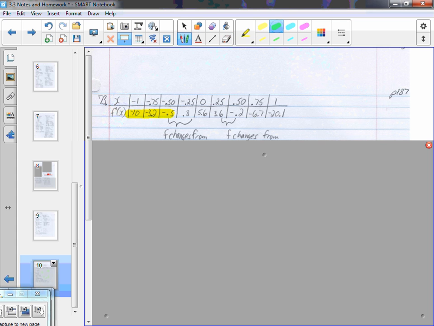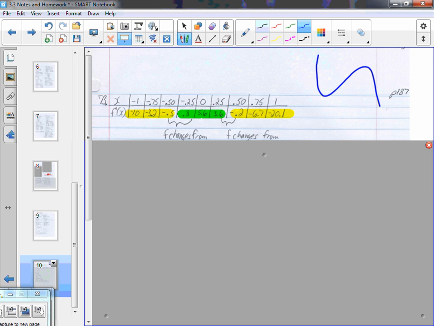And then the derivative is positive, so f's increasing there. Derivative negative, f is decreasing again. So this isn't my final sketch, but decreasing, increasing, decreasing. That's what's going on, isn't it?